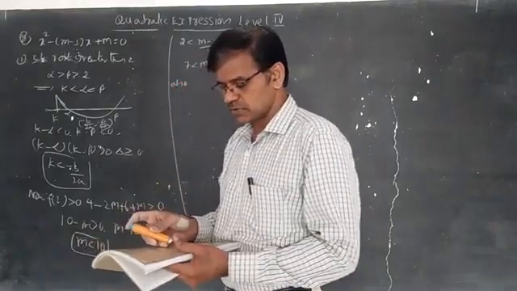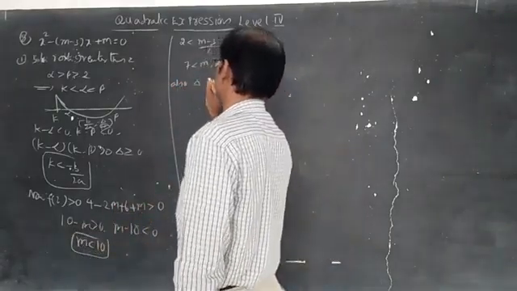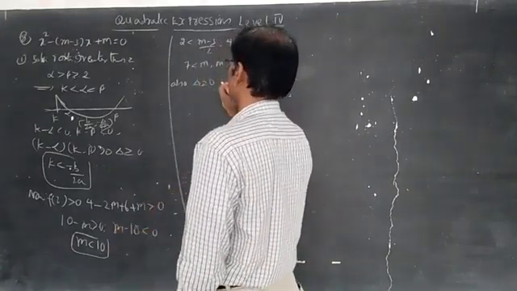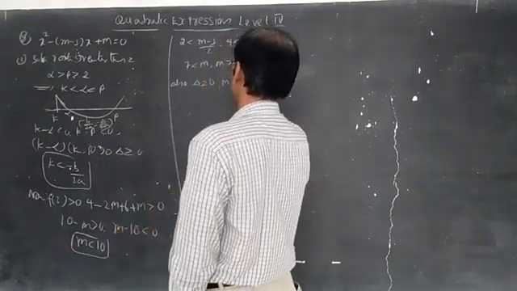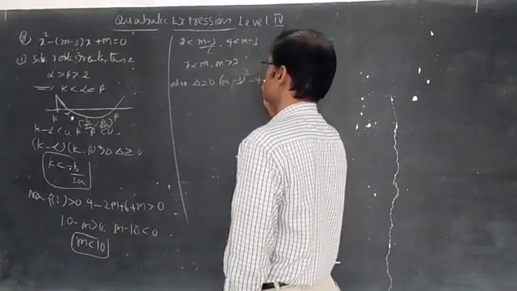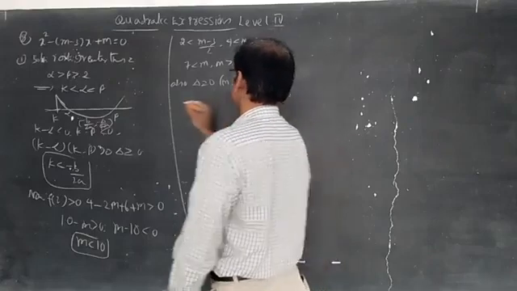Also, another concept, everything depends upon the location of roots concept. Also use the formula delta greater than or equal to 0. Whenever delta greater than or equal to 0, using the formula b square minus 4ac, m minus 3 whole square minus 4m greater than or equal to 0.